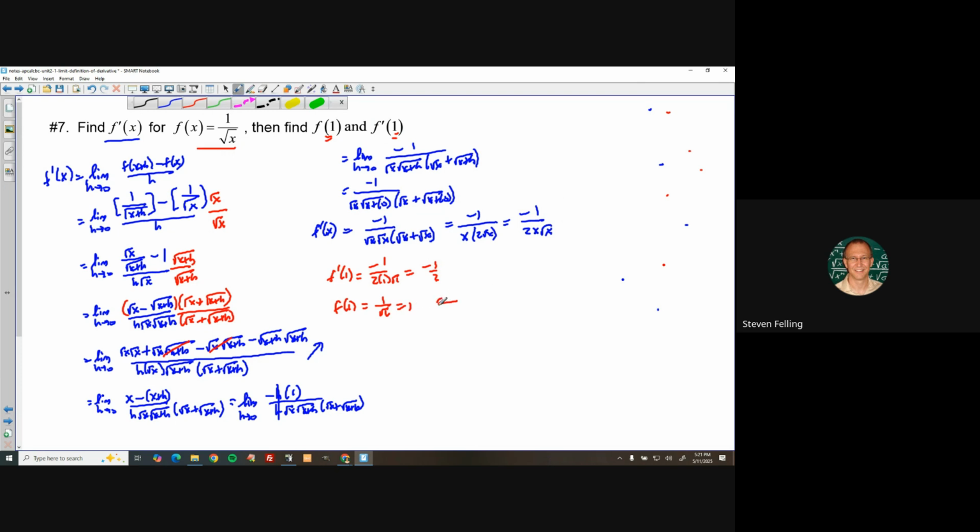So this is the y-coordinate, and this is the slope of the tangent line. It could also be called the derivative, or you can call it the instantaneous rate of change of the f of x curve at x is 1.